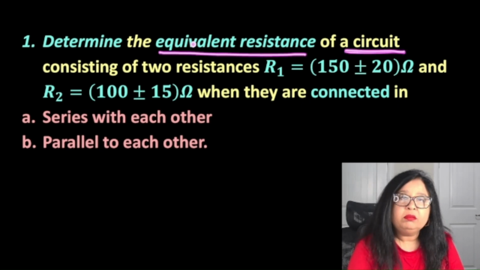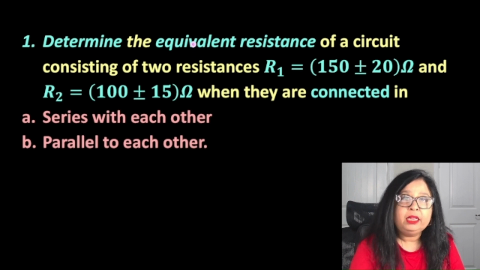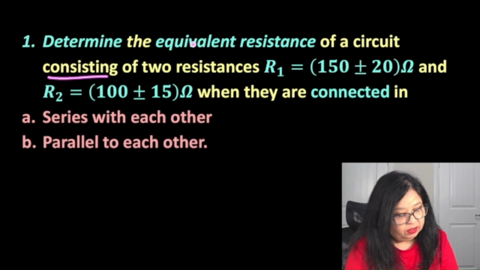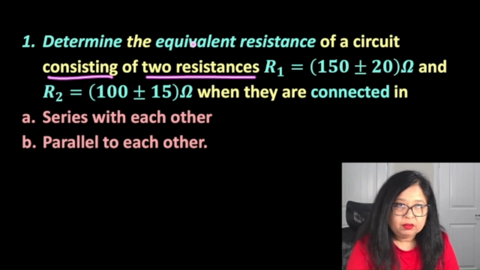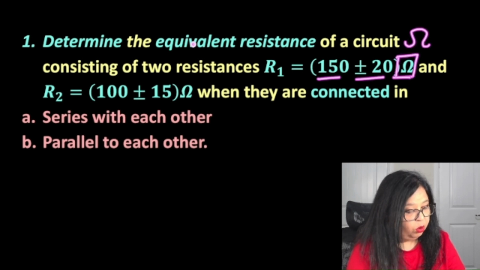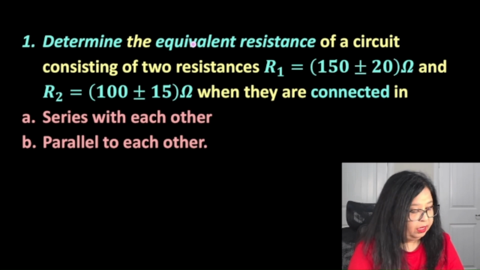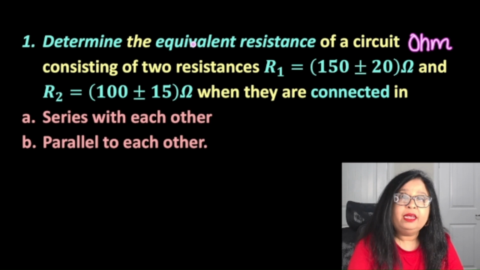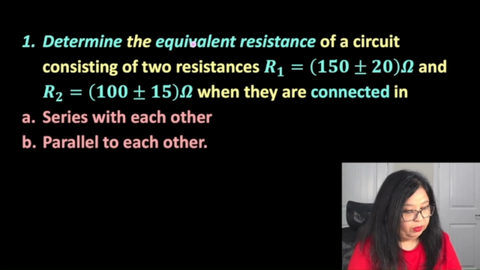Here we are talking about what kind of circuit? An electrical circuit, consisting of two resistances, uppercase R1, 100 plus minus 50 ohms. This symbol here, omega, it's an uppercase omega. It is called ohm. What is it? It's an SI unit for resistance.